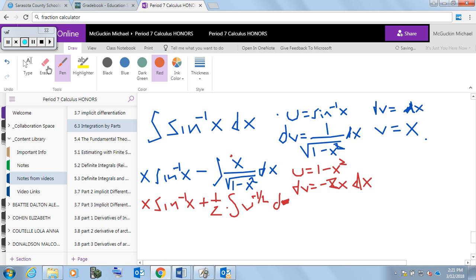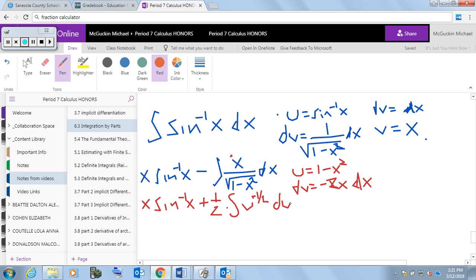That looks terrible. Hold on, let me erase this and write an actual u. Alright, so we got du, and now we're making some strides. Let's integrate u to the negative 1/2. If I add 1, negative 1/2 plus 1 is 2 over 2, which gives us a positive 1/2.